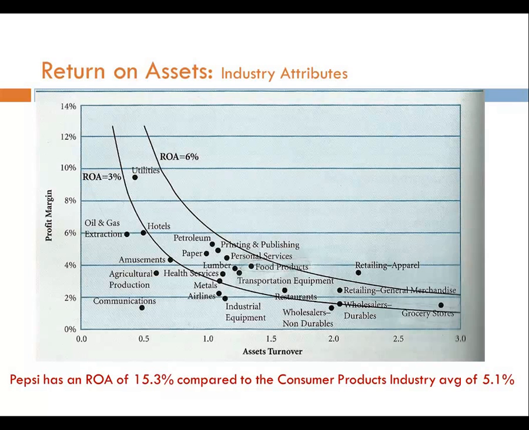So on the one end of the spectrum, utilities. High profit margin, low asset turnover. They have so many assets, lots of fixed assets. Their ROA would be, let's say, 9% times 0.5. 10 times 4.5 would be 0.045. So maybe it's 0.04 or 4% ROA. On the other end of the spectrum, grocery stores.